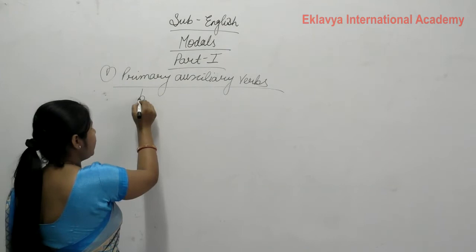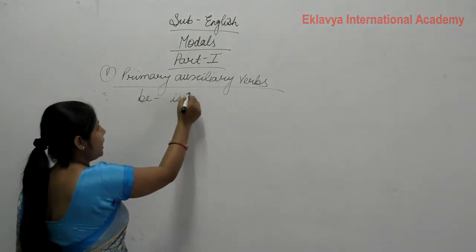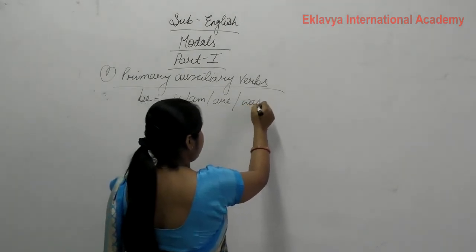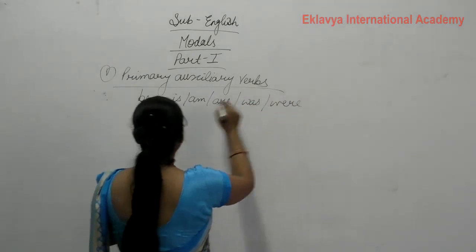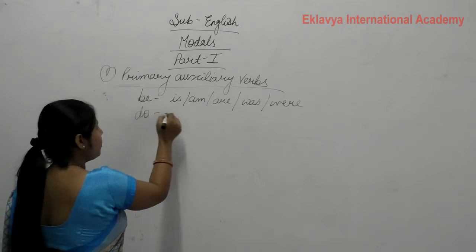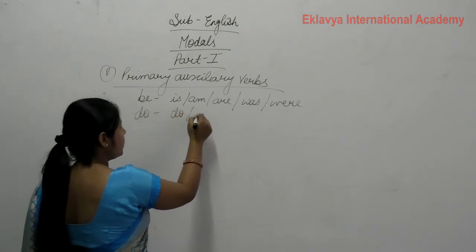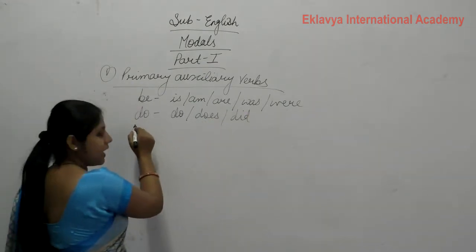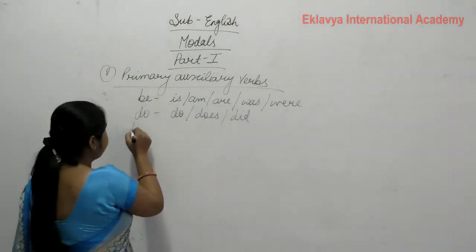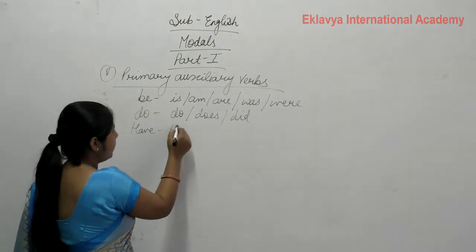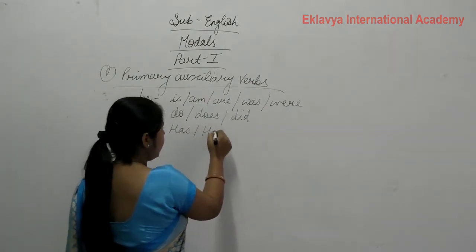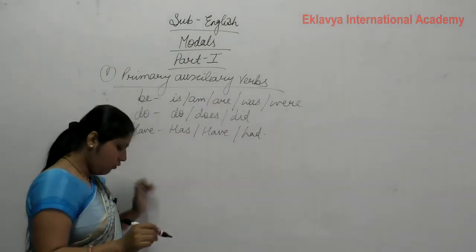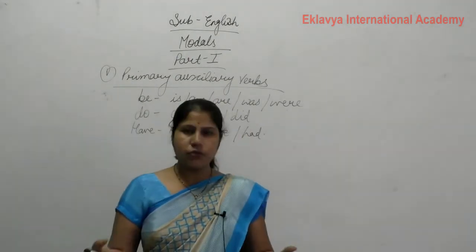In case of be, we use is, am, are, was and were. Clear? In case of do, we use do, does and did. In case of have, we use has, have and had. Clear?